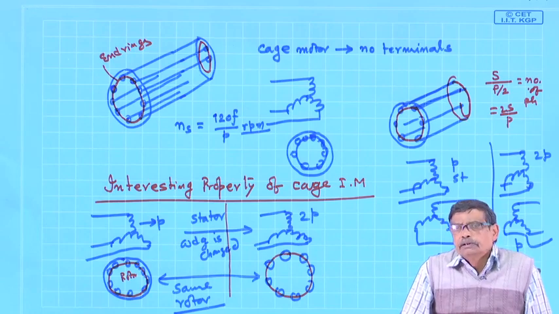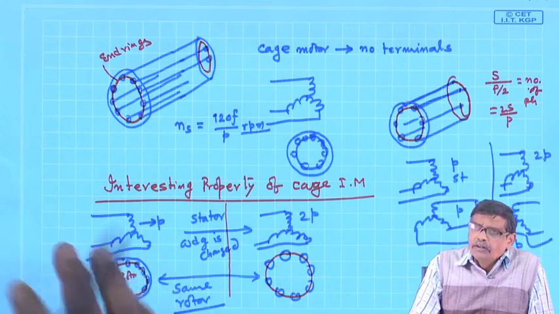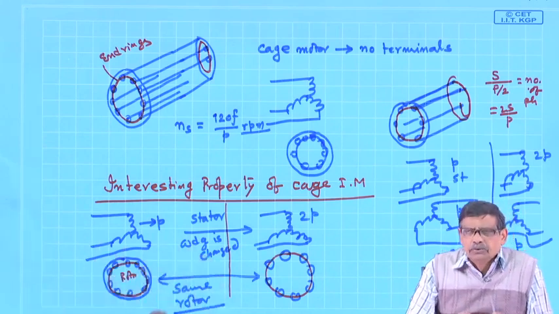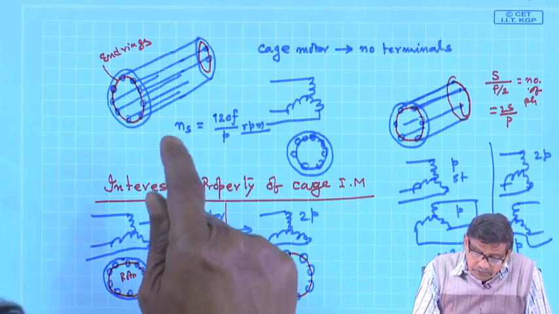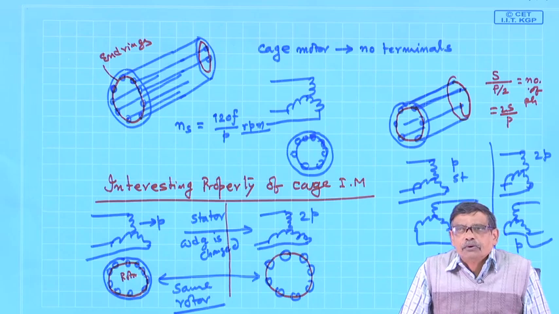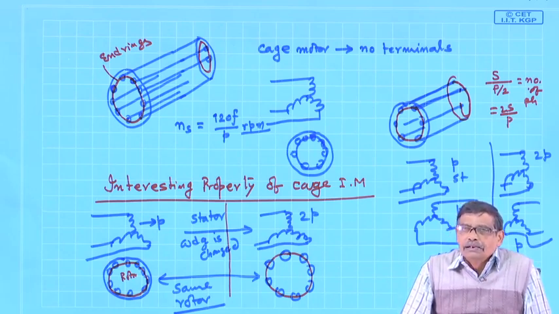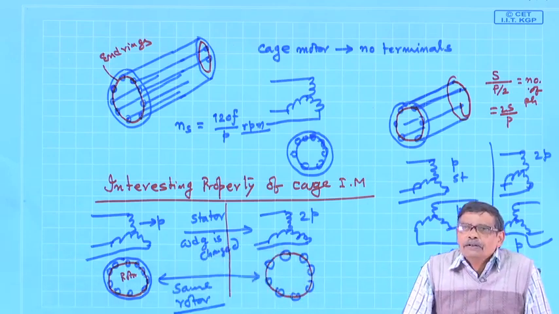The indication was that from this equation, I note that if by any chance, by hook or by crook, I could change the value of synchronous speed, then I would expect the rotor speed to vary also accordingly, so that this term that it is a constant speed induction motor could be removed.